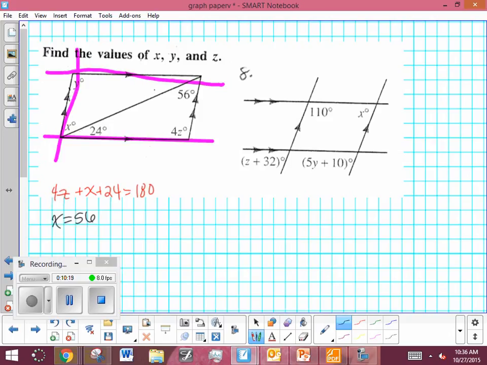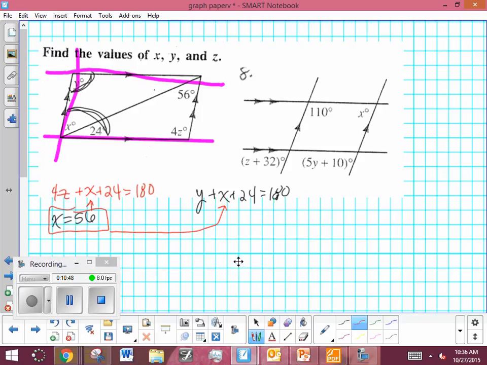We know y, that angle there, and this angle here should be supplementary. So I'm going to say y plus x plus 24 equals 180. Okay. And now that we've got these three equations, and I know x is equal to 56, I can plug x in there, and that will allow me to solve for z. So I'll let you do that on your own. I can substitute x in over here and solve for y the same way, and I'll let you do that.